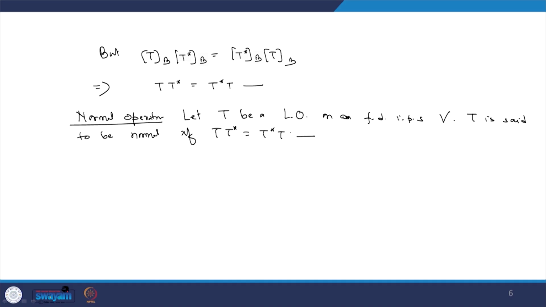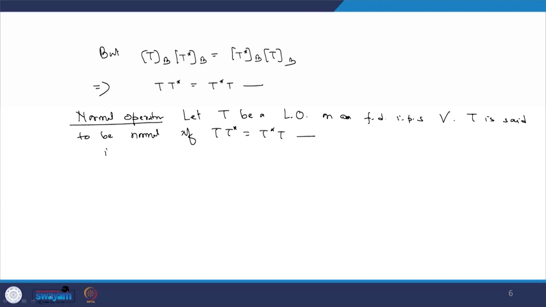One may have a question in mind: while defining a normal operator in this way, I have taken the operator to be defined over a finite dimensional space. Why have we restricted to the finite dimensional inner product space? The reason is, if you consider a finite dimensional inner product space, existence of the adjoint is guaranteed.